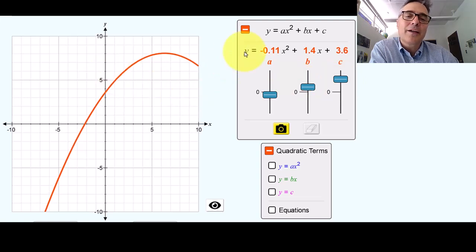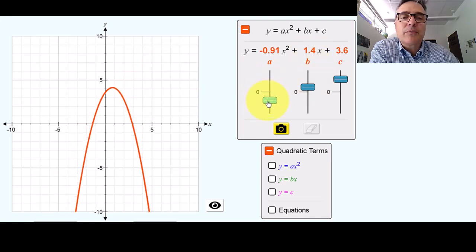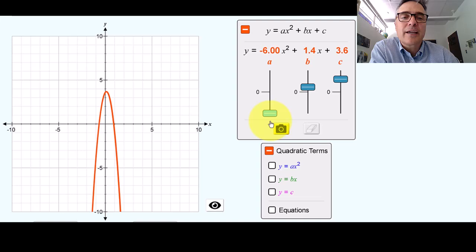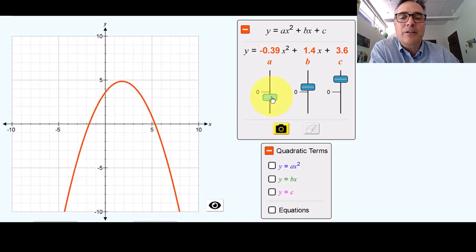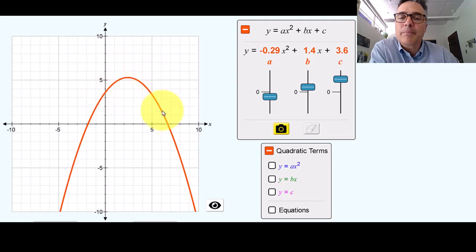Let's say y here is vertical position, and x is now time. Then something is thrown with an initial position of 3.6 upwards with 1.4 meters per second, and then accelerates downwards. I can't get to negative 9.8 on this, but you get it. It would look something like that. It would go up and down a curved path. So you can play with that.